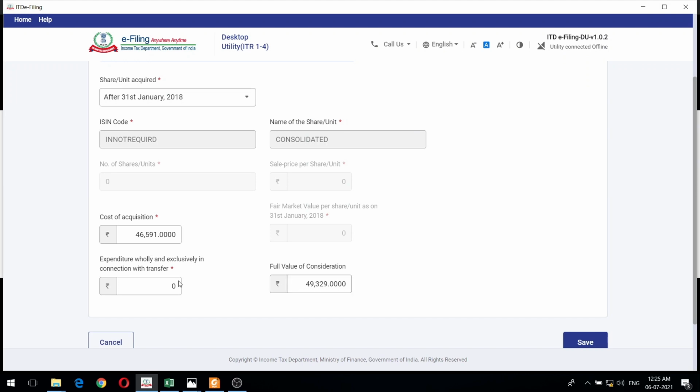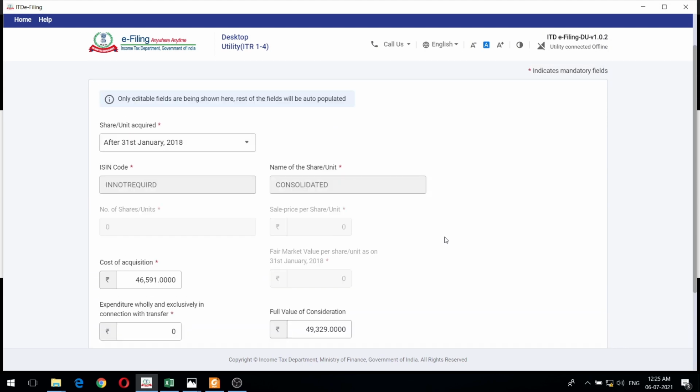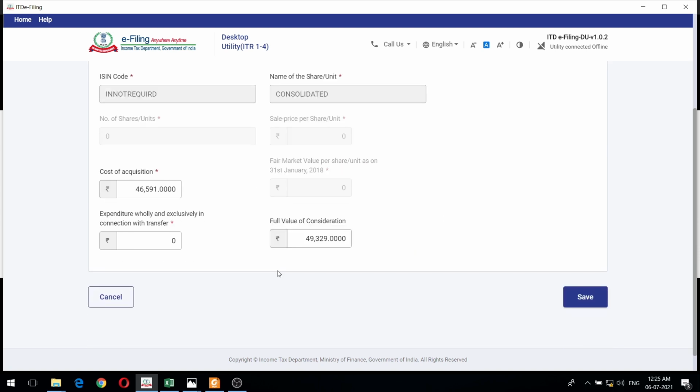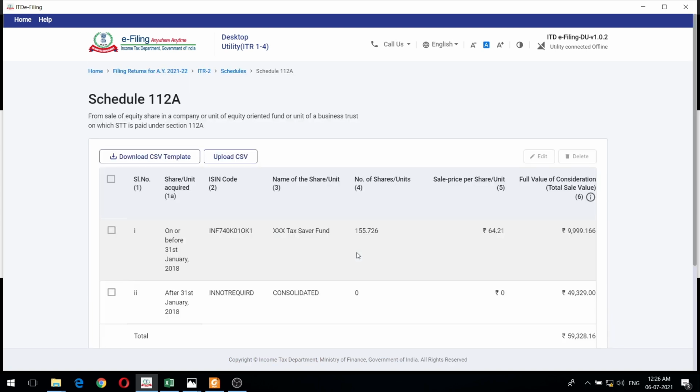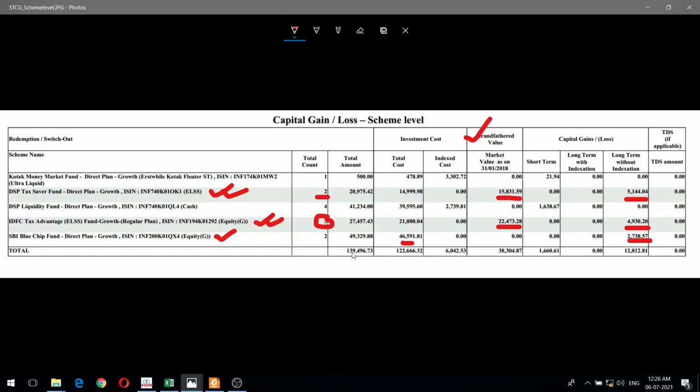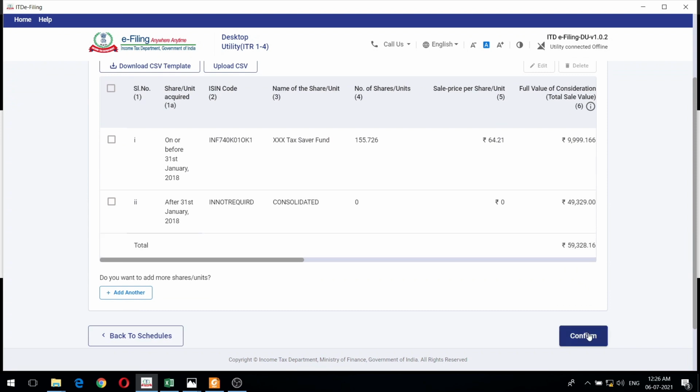This expenditure is usually zero, so we put it as zero. That is how we can fill the long-term capital gains which don't have any grandfathered entry. Like this. Now click on confirm.